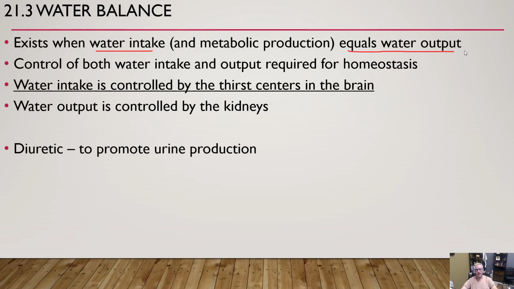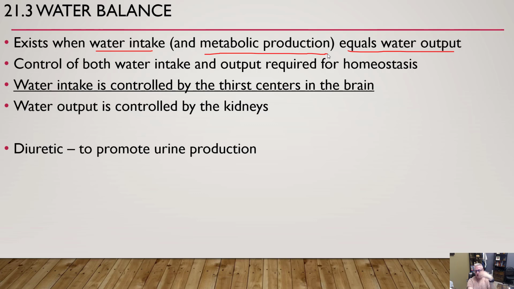If we drink 3 liters, theoretically we should pee out 3 liters, or we should put out 3 liters. Now, we do have some metabolic production of water. Remember, when we do cellular respiration, we produce energy, carbon dioxide, and water.